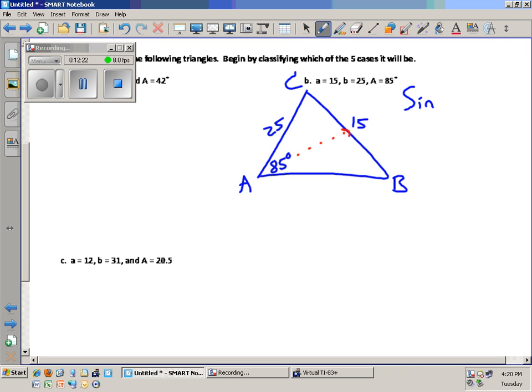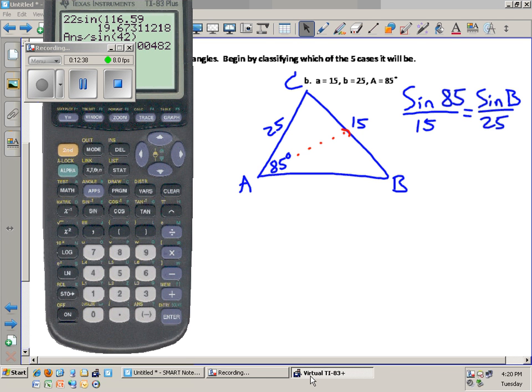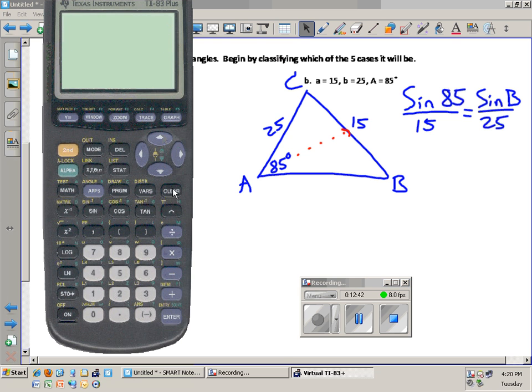So I'll set it up. Sine of 85 over 15 is equal to sine of B over 25. We get out our calculator. 25 times the sine of 85 is 24.90.